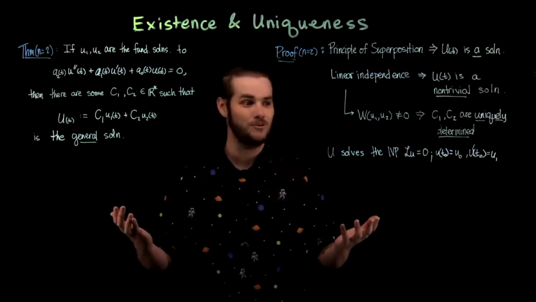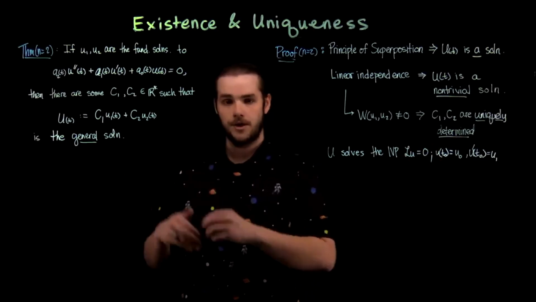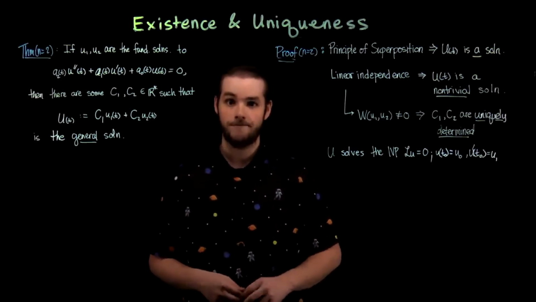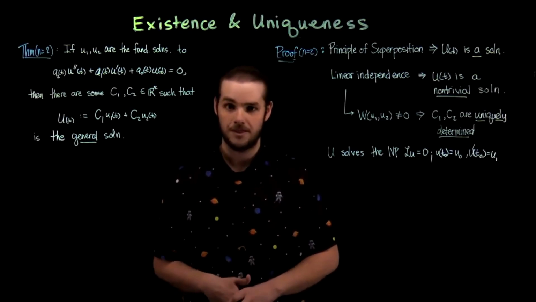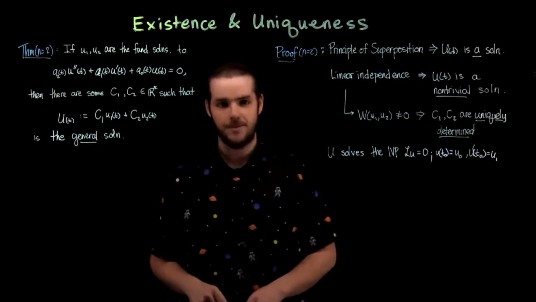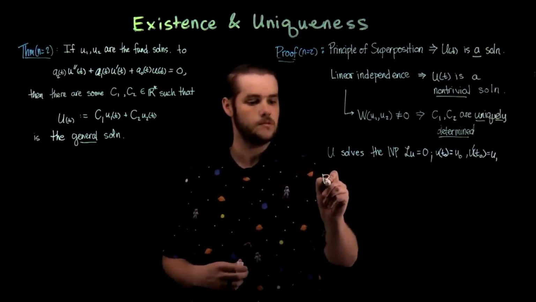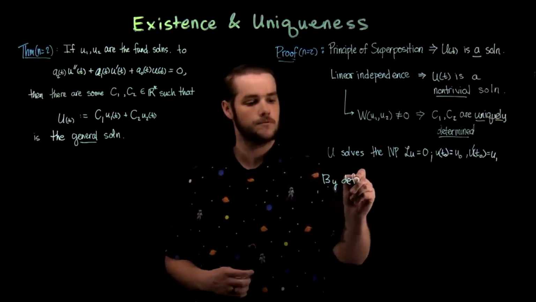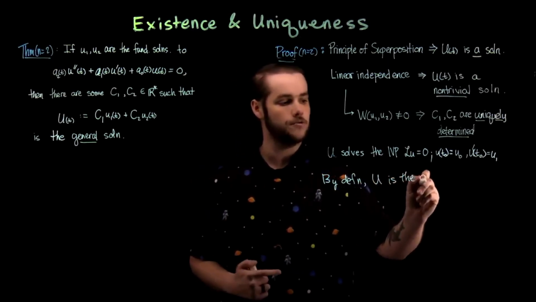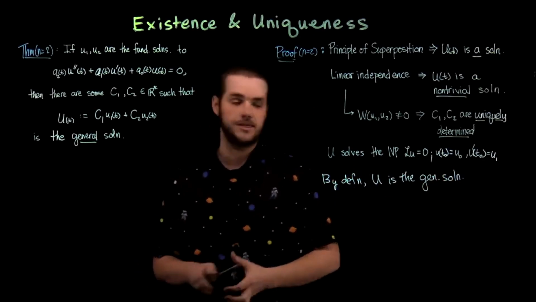But that's exactly what we did to get this to begin with. So we have shown that U is a non-trivial two-parameter family of solutions from which all initial value problems of this form have their solutions derived from this function. Therefore, by definition, U is the general solution to this ODE.